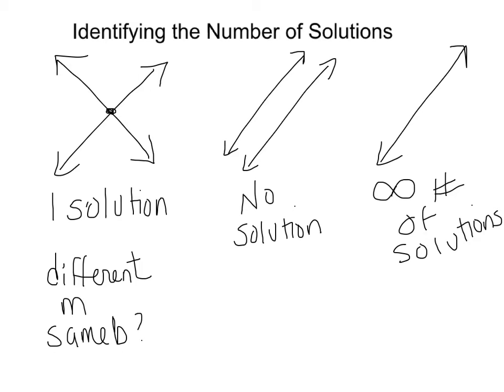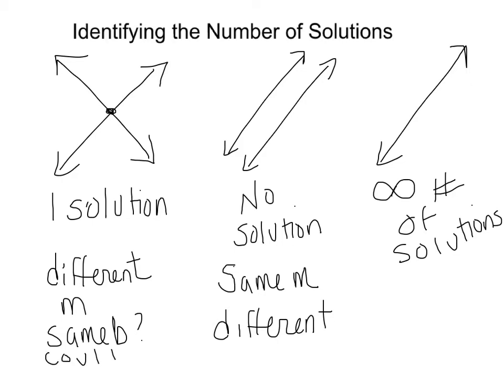No solution would have the same slope and a different b. It has to have a different b, cannot have the same b. Different b is a must, and an infinite number of solutions is the same m and the same b. Okay?